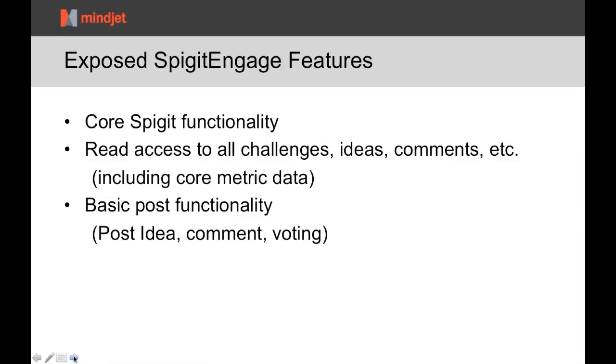That includes getting access to all the communities, challenges, ideas, comments, etc., including any core metric data or scores around that information. We also wanted to make it an interactive application, so that you could post back to SpigitEngage, posting an idea, a comment, or a vote, and have that be a very robust experience.